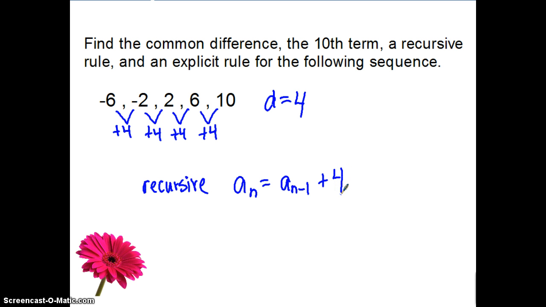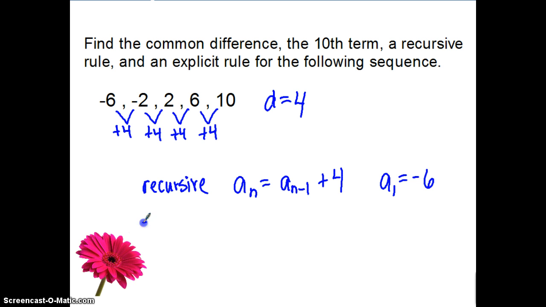What we're doing to get the next term is we are taking the term before it and we're adding 4. Now what's important to also write with our recursive rule is where we started. Okay, it doesn't matter if we know we're adding 4 each time if we don't know what value we started with. So we always have to put our very first term, which in this case is -6. That is our very first term, and we would go up from there. So there's our recursive rule.